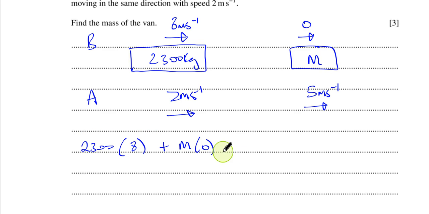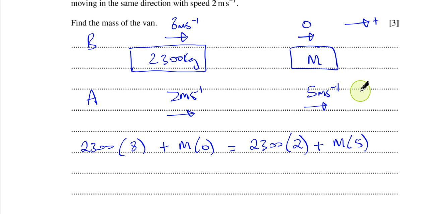After the collision, you have 2,300 times 2, plus m times 5. We've taken this direction as positive, and all the movement is in this direction, so we don't have to worry about any negative signs. If something had changed direction, we would have to assign it a negative velocity, so that's where you have to be careful. In this case, everything's moving in one direction before and after the collision.